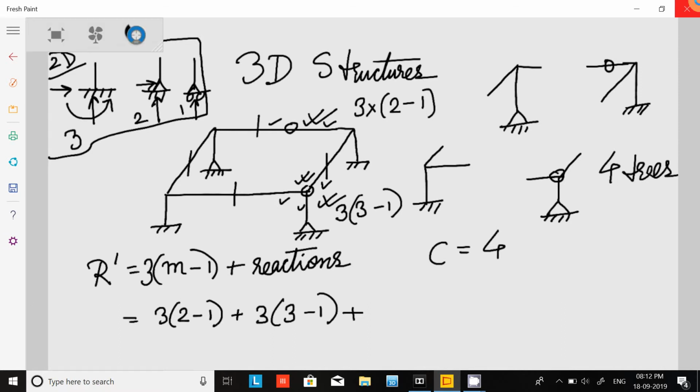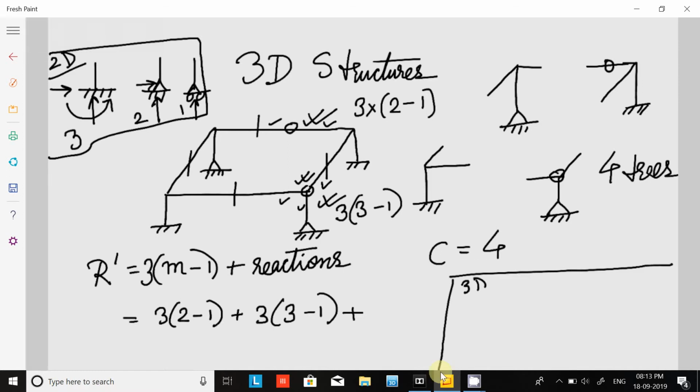But here for 3D, the fixed will give 6 reactions. Hinge will give how many?